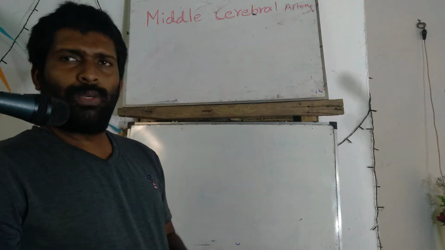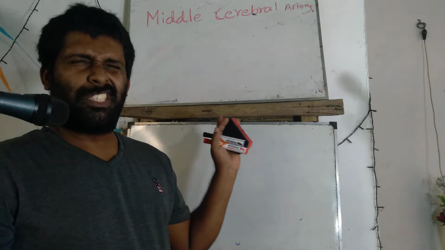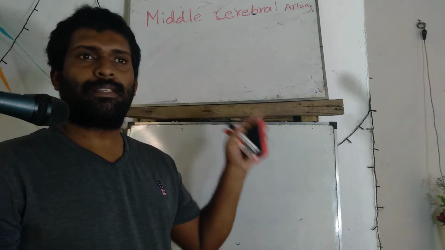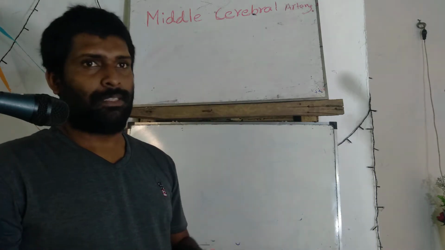Why are we talking about the middle cerebral artery? It is the deepest inside the brain, and it gives the arterial supply to the main organs.